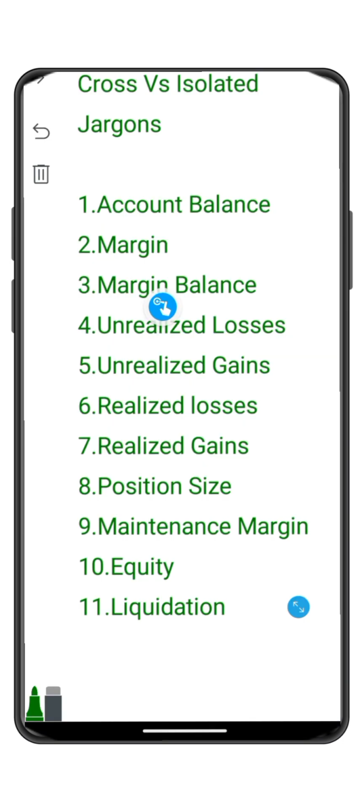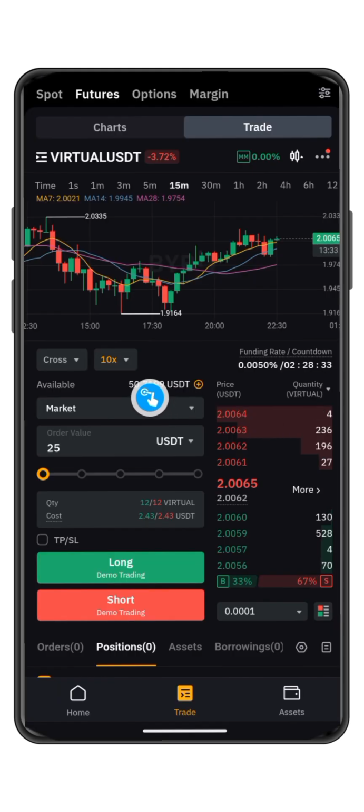The next jargon or concept is margin. What do we mean when we use the word margin, and how does it apply to both cross and isolated margin modes? To explain this, let's start with the cross margin mode. You can see cross is selected here. Now your margin is the amount of money from your account balance, from this 50 USD, that you go into a trade with.